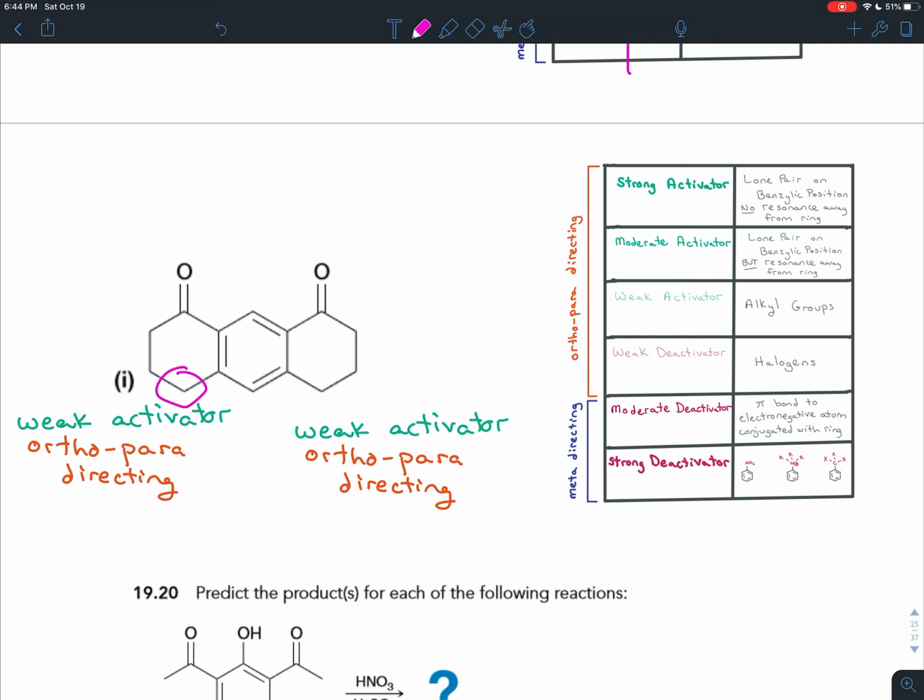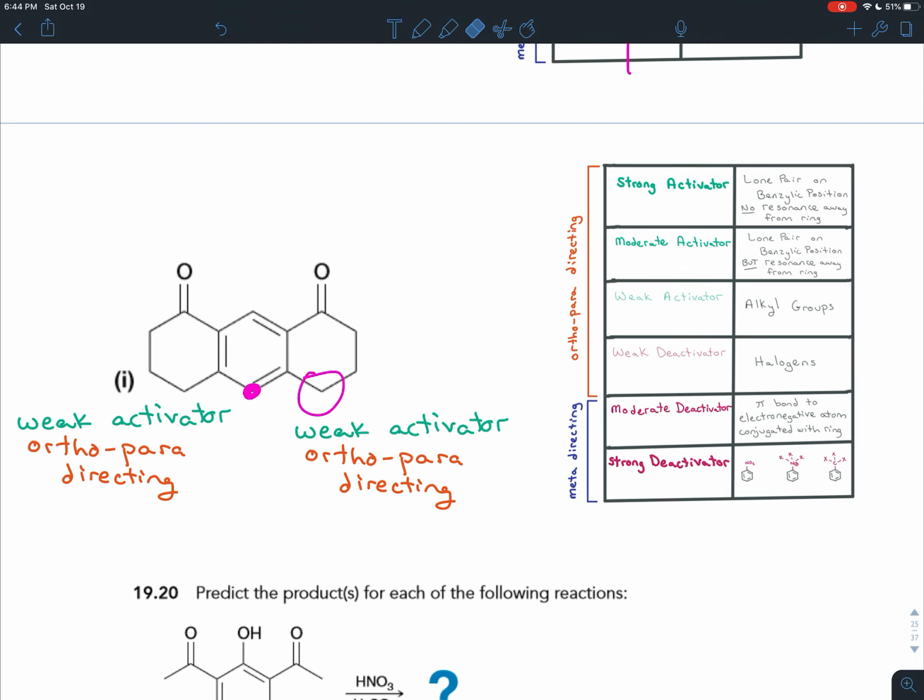Let's think. Well, here, that's what we're considering. We could get the position ortho, that's taken, the other ortho position is open, and the para position is taken. So you can't have branches add where there's already a branch. For the other alkyl group, it adds ortho-para. One ortho position is taken, another one's open, and the para position is taken.